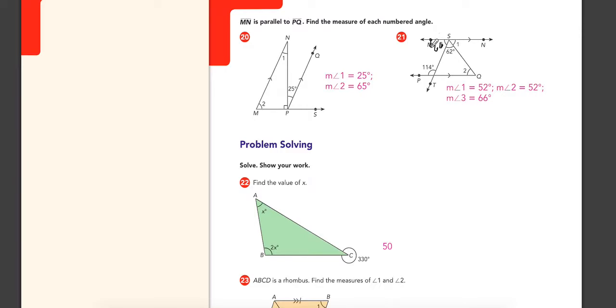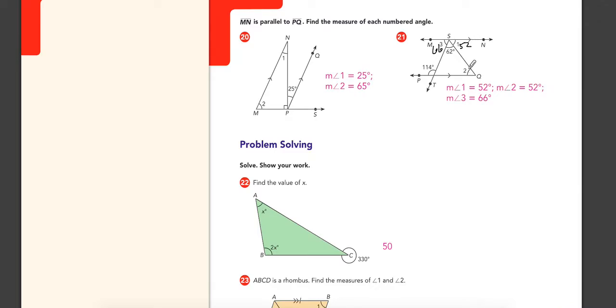Now for angle 1, we could say that this 66-degree angle plus a 62-degree angle plus angle 1 has to equal 180. So 66 and 62 gives me 128 plus angle 1, which we'll call n, equals 180. I'll subtract 128 from both sides and get n is equal to 52.